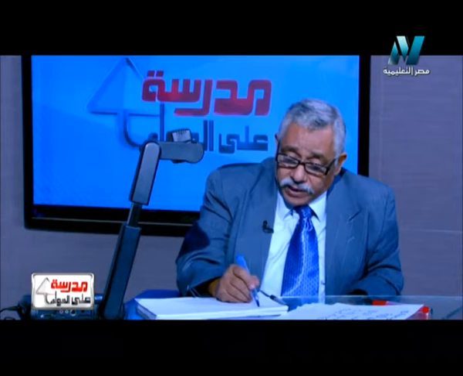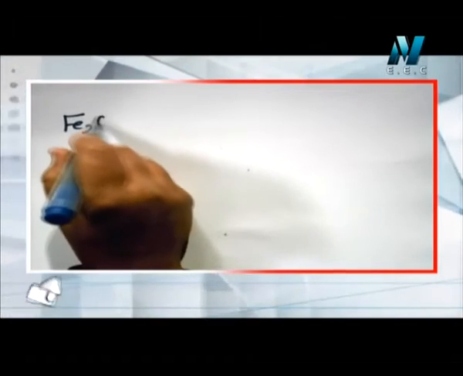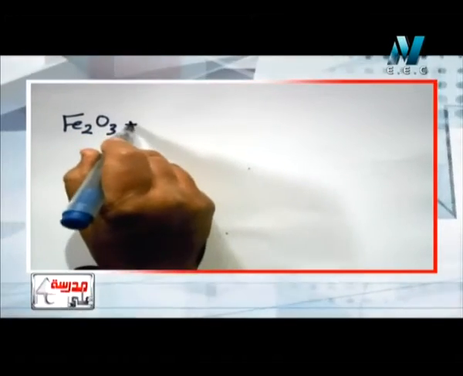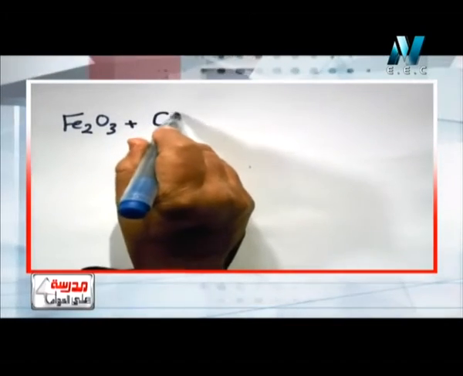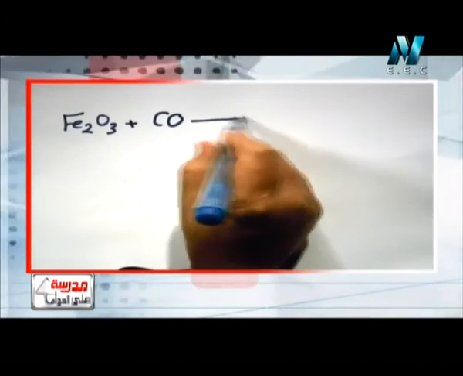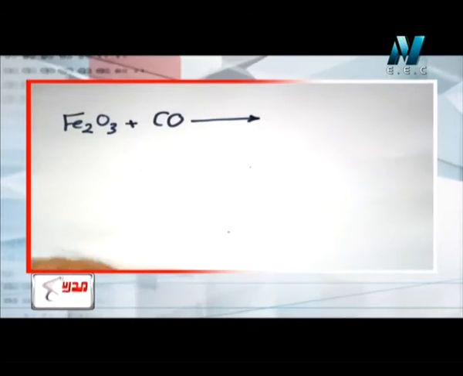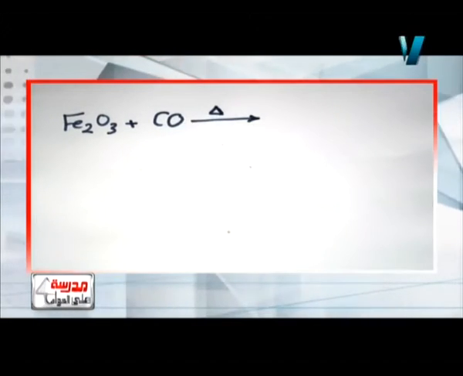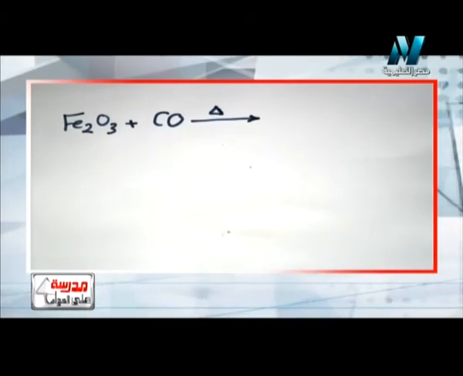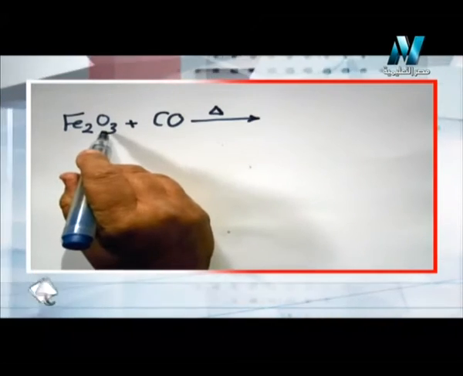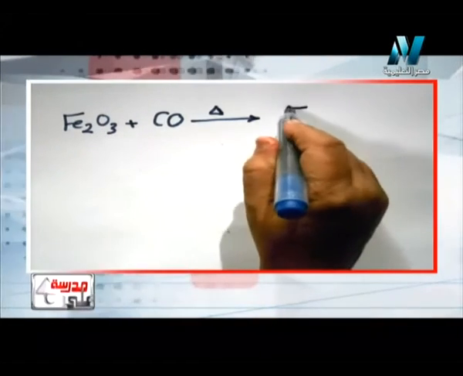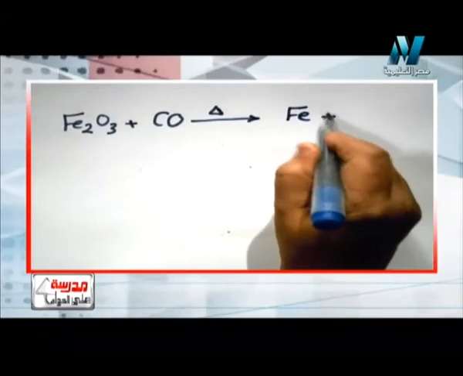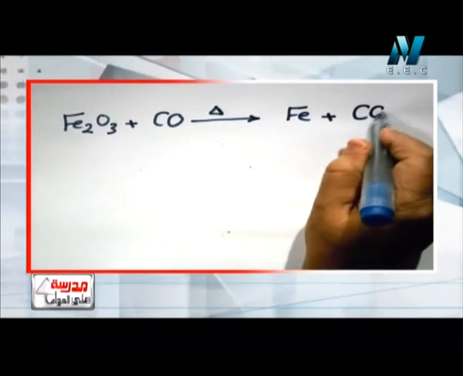And I said that in the blast furnace, take care, the ore Fe2O3 combines with carbon monoxide, the reducing agent, by strongly heating over 700 degrees Celsius. Carbon monoxide takes oxygen to give the iron and carbon dioxide. Carbon monoxide is oxidized to carbon dioxide.